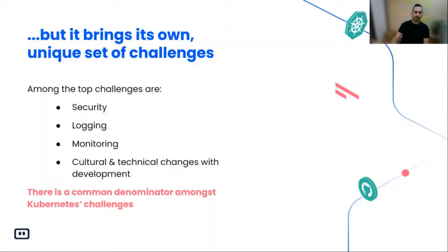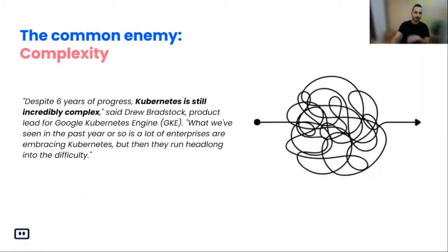I think next would be probably some changes into development, adjusting your team processes to adapt the way Kubernetes works in regards of deployments, management, and troubleshooting of the applications on Kubernetes. And all of these challenges can definitely be grouped into one word: complexity.